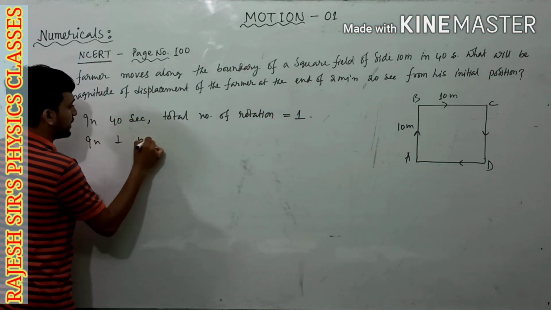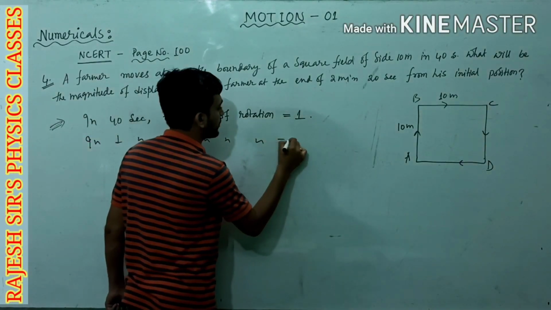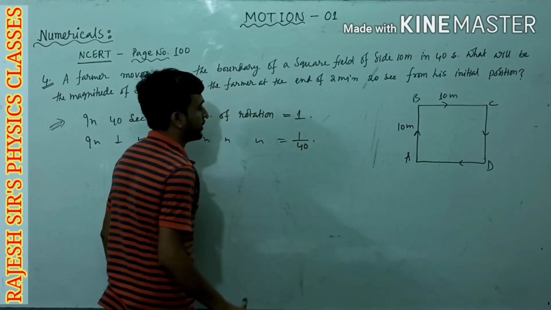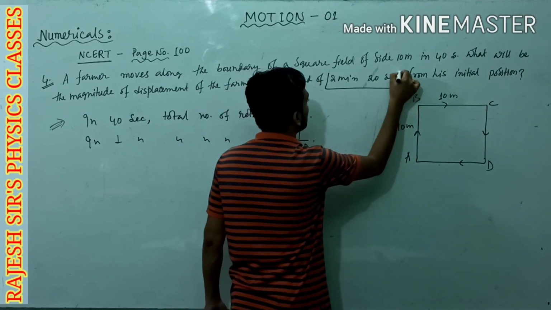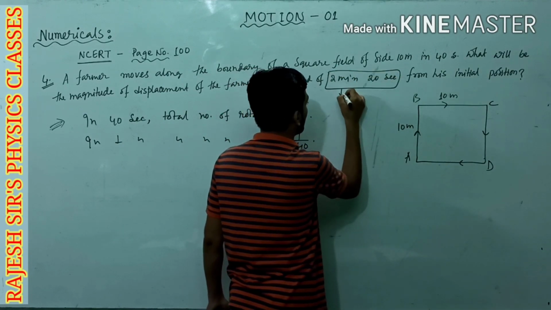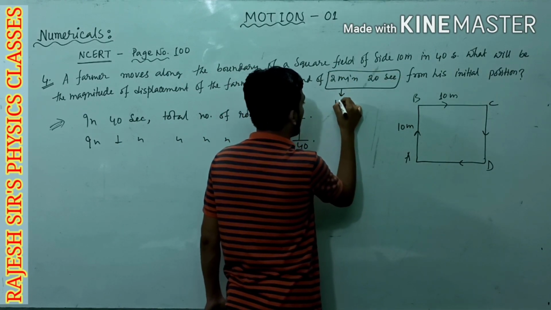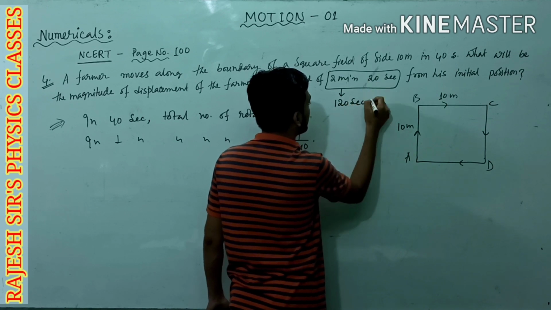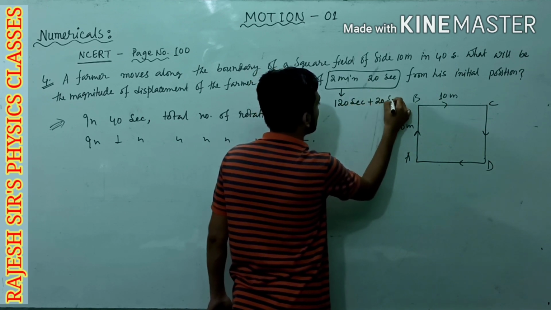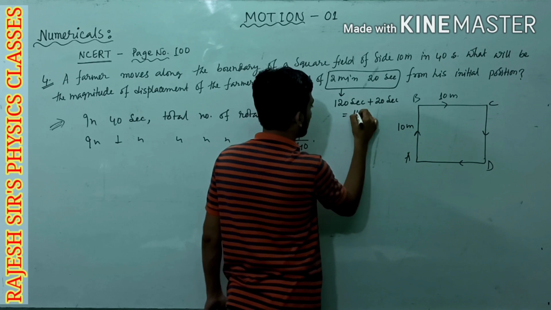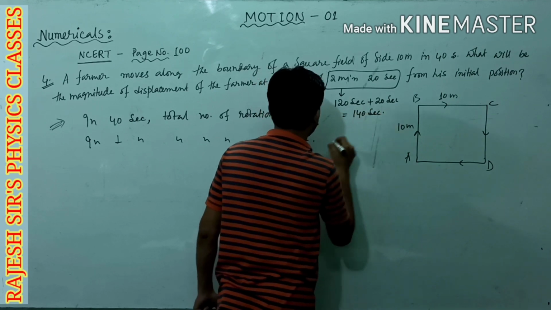In 1 second total number of rotation will be 1 by 40, and what is the total time here given? 2 minutes 20 seconds. For 2 minutes we will get what? 120 seconds, and for 20 seconds we will get total 140 seconds.